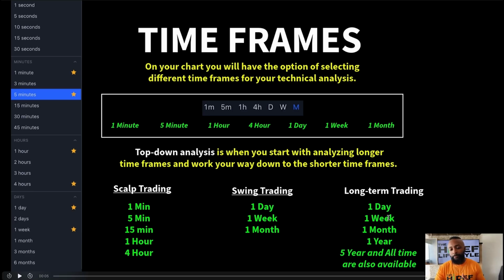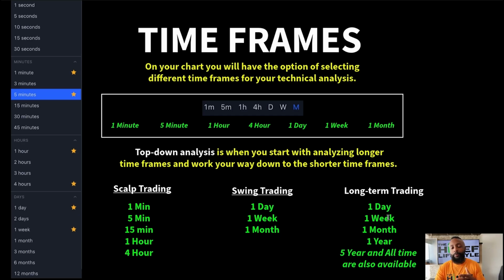Long-term trading. All right, so now this is, let's say you want to jump into Apple and you're going to hold Apple for like 6 or 7 months. So you really want to stay in for a long time. Then the 1 minute, 5 minute, 15 minute, 1 hour, 4 hour time frame, there will be no point to analyze those time frames.